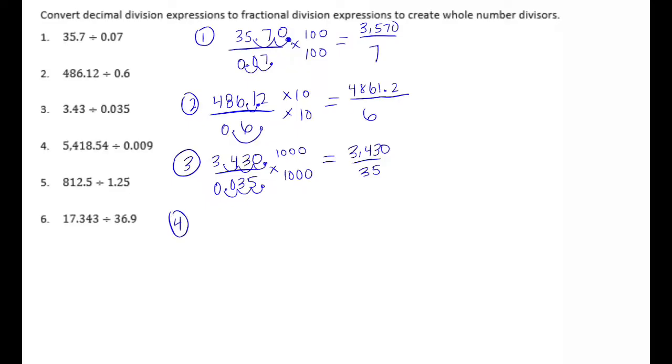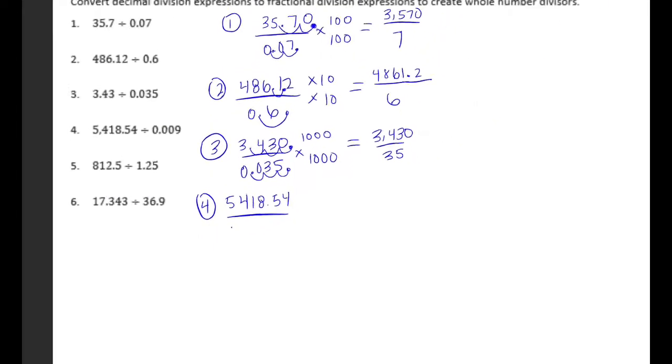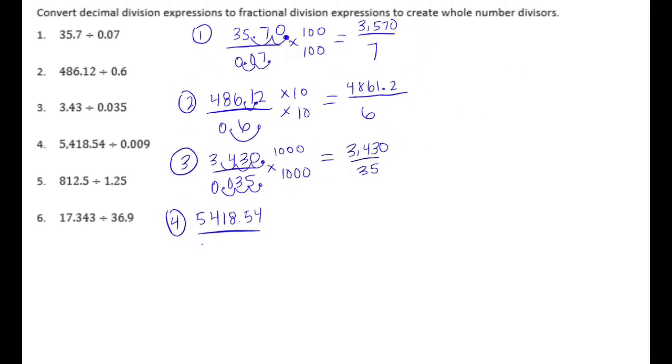Number 4, 5,418 and 54/100 divided by 9 thousandths.